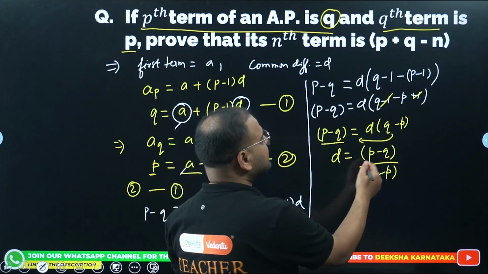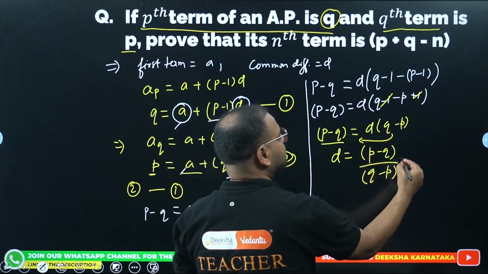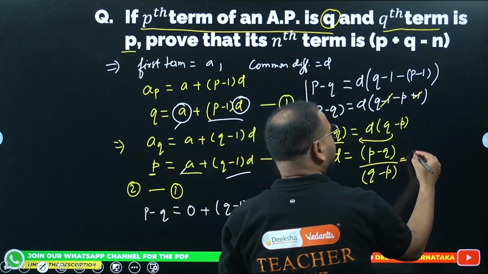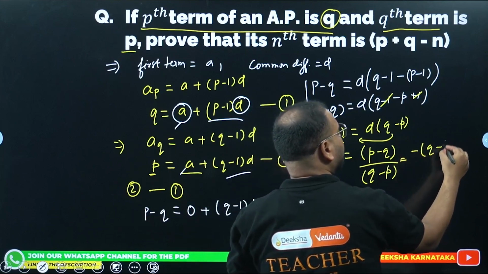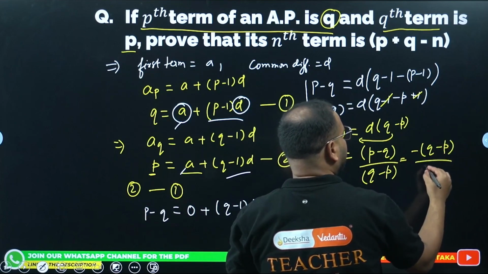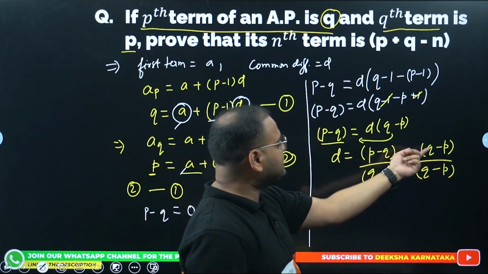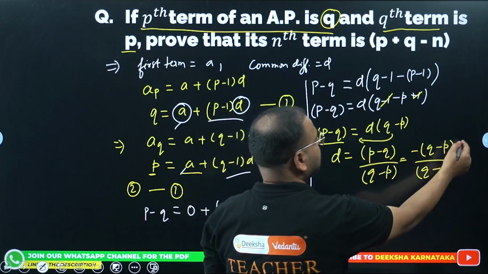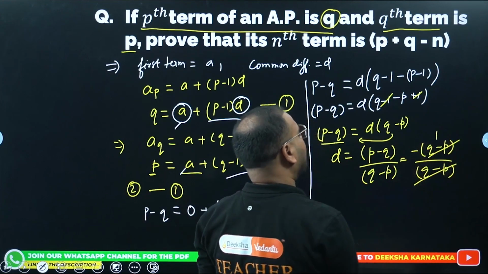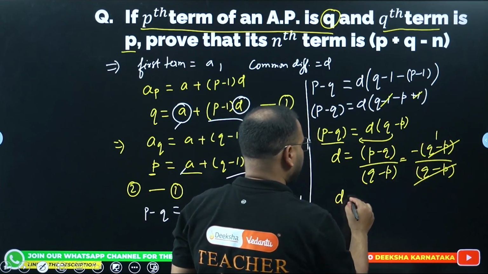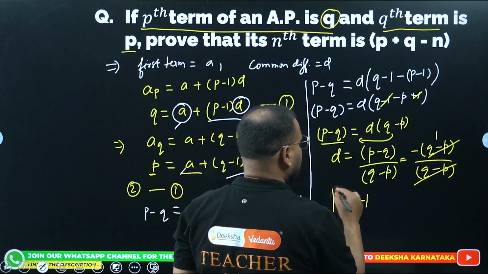Let's take the minus sign common from the numerator. It becomes minus times Q minus P upon Q minus P. It was P minus Q. Cancel it. What will be here? 1. What is my D now? My D is minus 1.